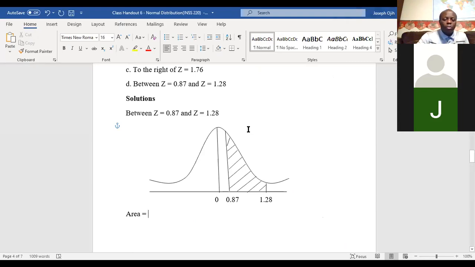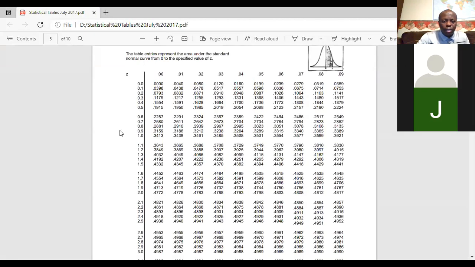So 0.87: look at 0.8 under 7. 0.8 is right here. Then you go under 7. You can see the 7 right there. So 0.8 under 7 gives 0.3078.